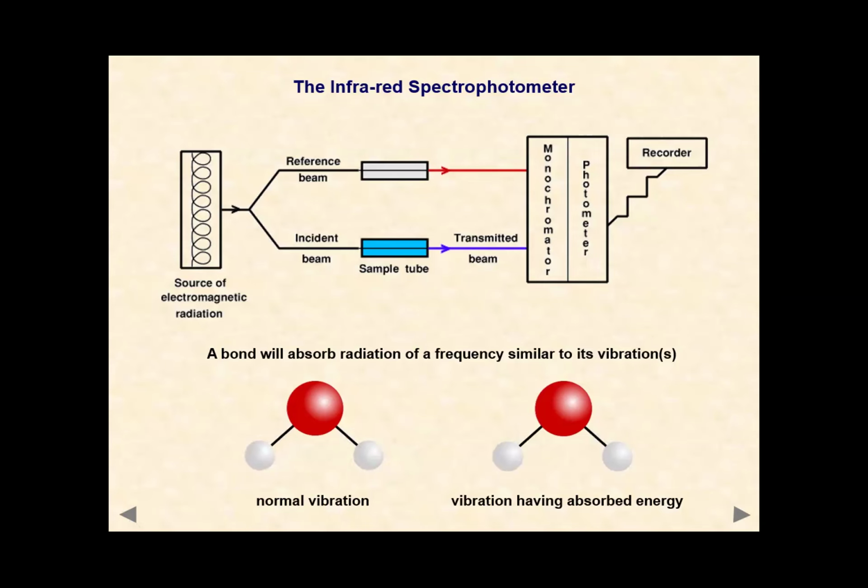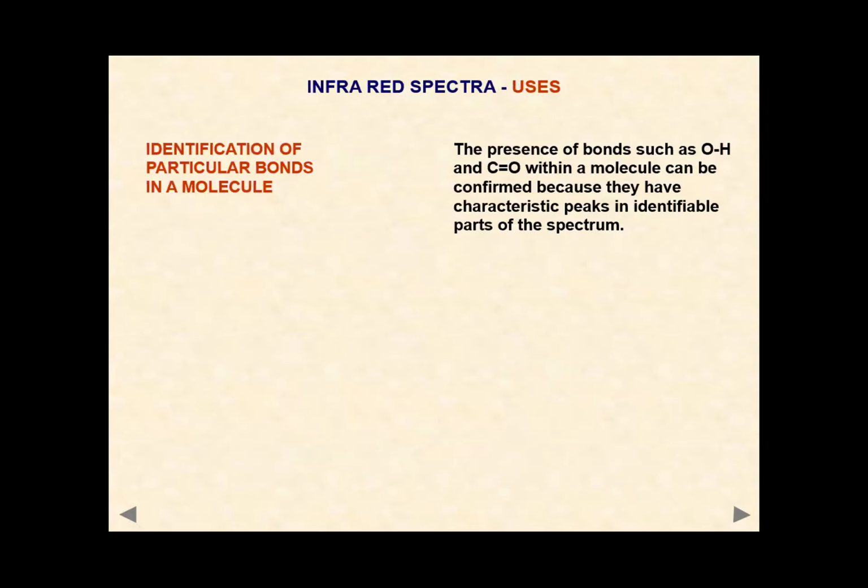Now, identification of particular bonds in a molecule. This is very important. The presence of bonds such as OH and C double bond O within a molecule can be confirmed because they have characteristic peaks in identifiable parts of the spectrum.